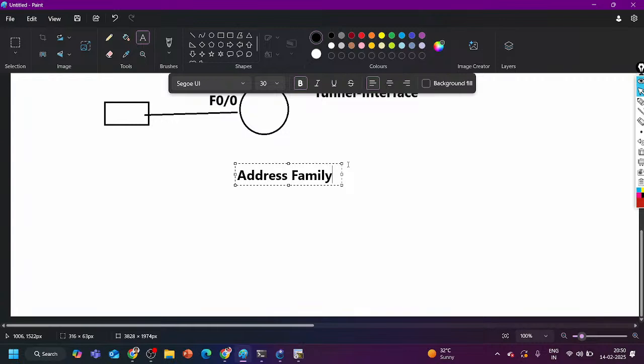IPv4 and IPv6 address family, like IPv4 and IPv6 are what? These are two routed protocols of network layer. Yes, sir.